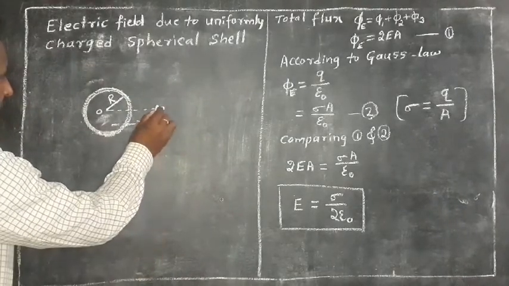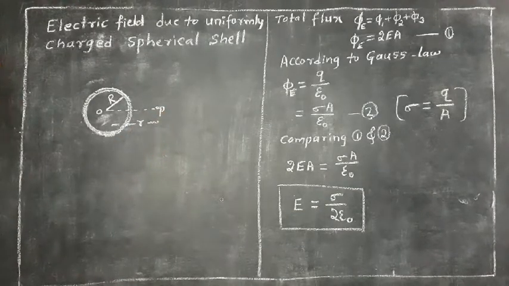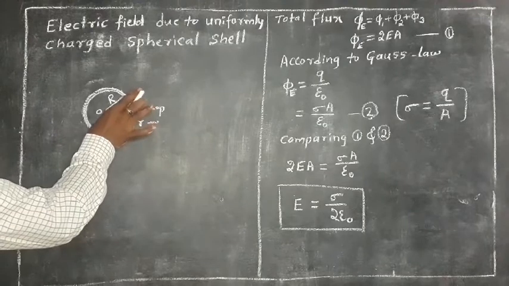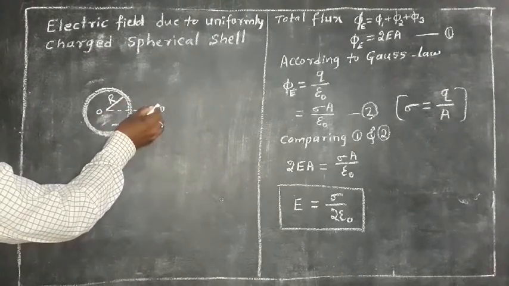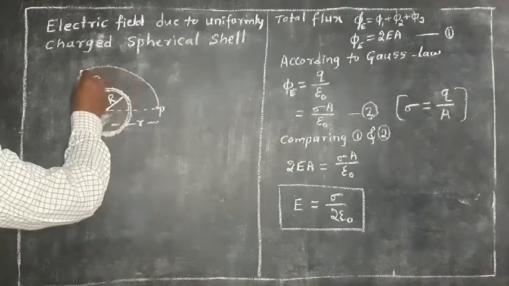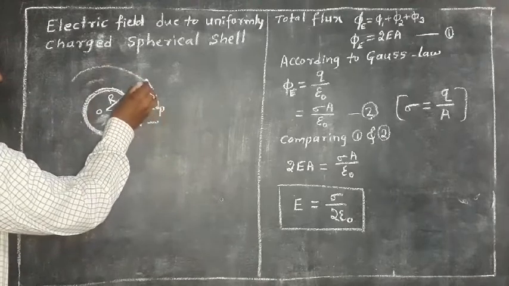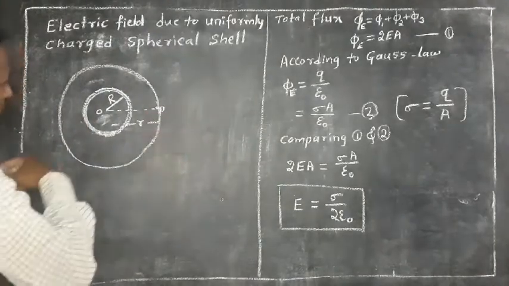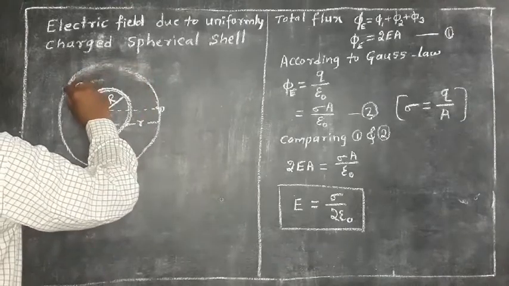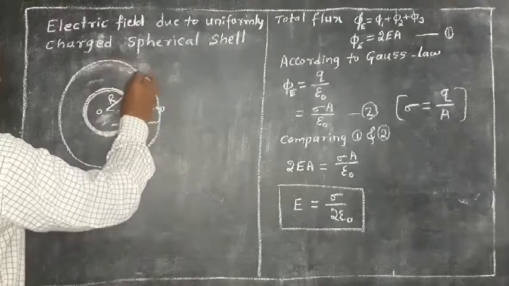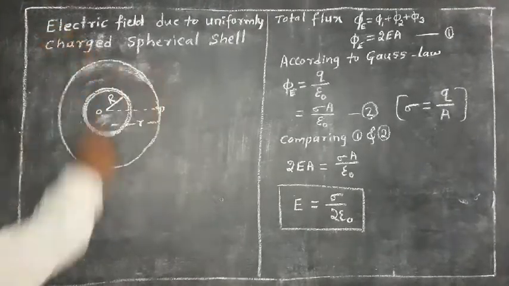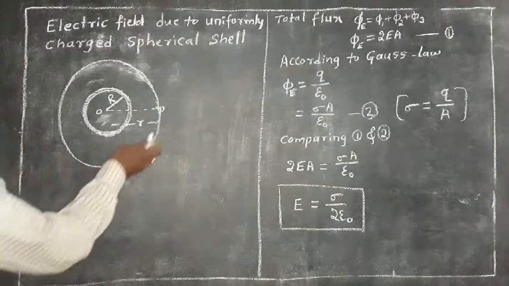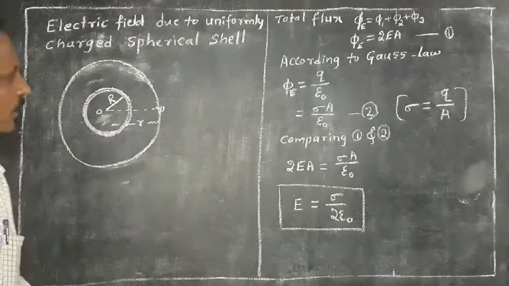To find the electric intensity at point P, we imagine a spherical Gaussian surface with center O. With center O, we draw a sphere. This is the Gaussian surface.